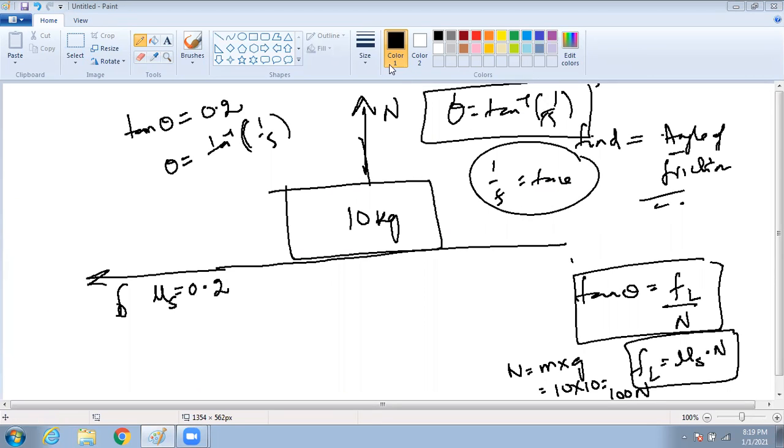Pritham, have you got it? One second, sir. Sir, tan theta is equal to 1/2, not, sir.